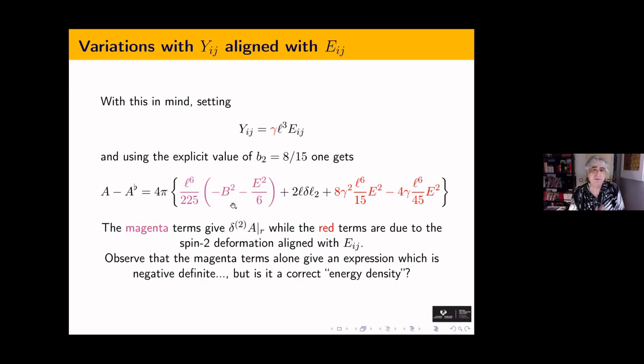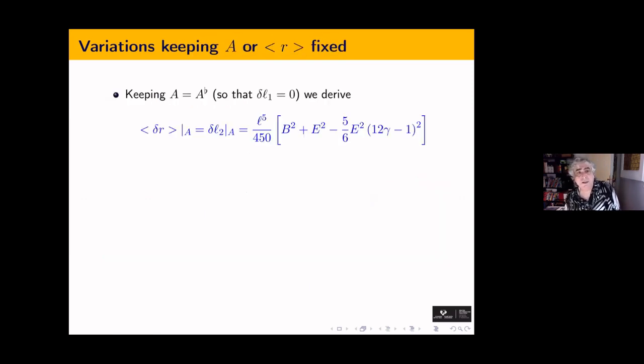And maybe we could think that this is a good quantity to define an energy density at this order. But the question is, is this a correct energy density? So we should know which kind of properties we want to give to the thing we are looking for. And I'm going to discuss this in a minute.